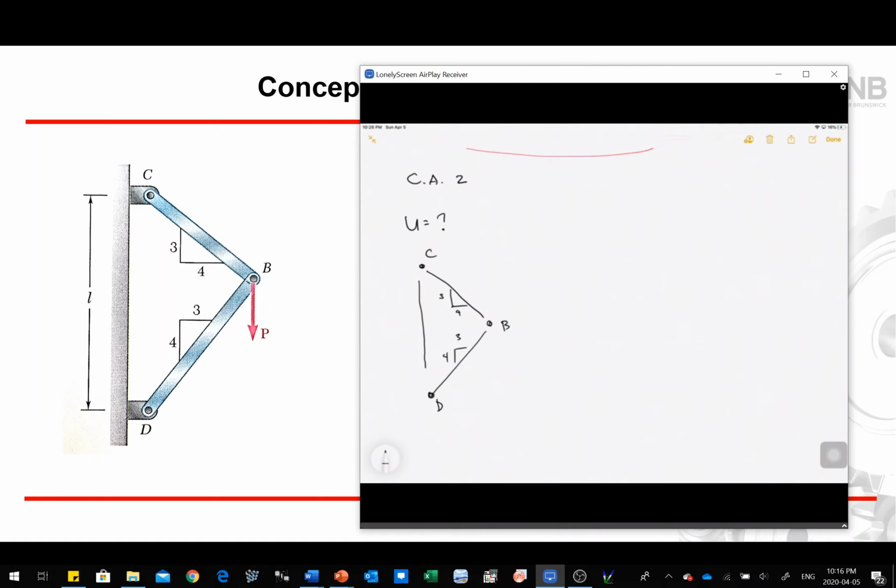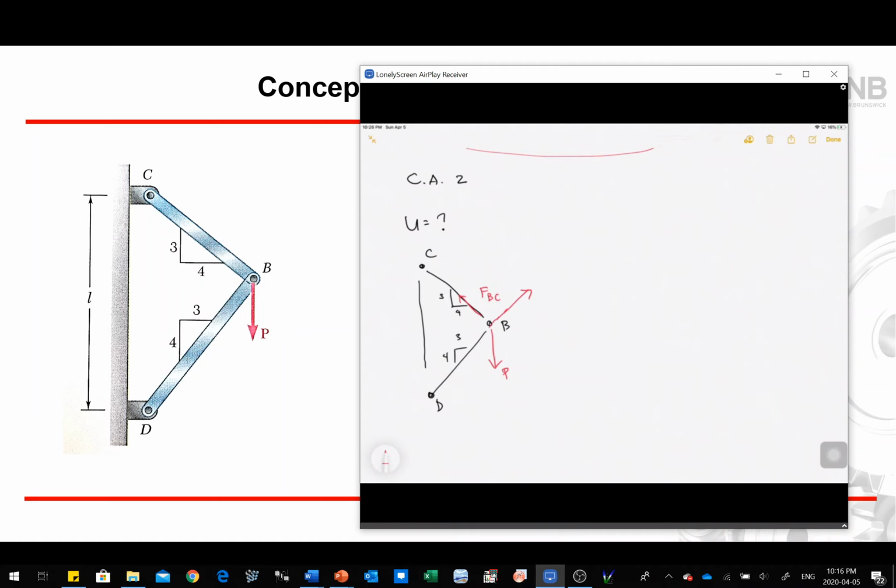Based on that, you can calculate all your lengths, but first let's draw our free body diagram. We have applied P right here. So we have force at BC, and the other force should be going up, because going down it would be countering the effect of your P.